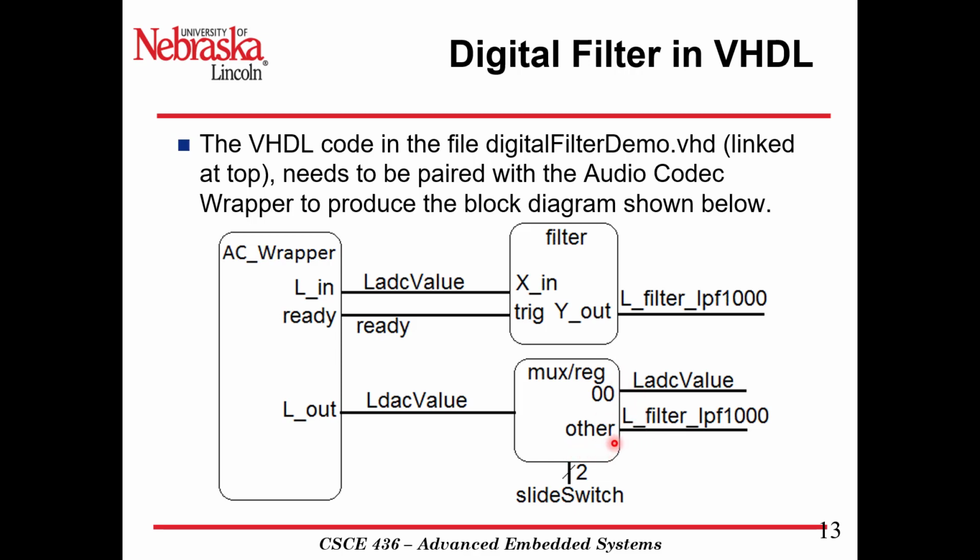For the homework, you're going to set up one filter, but you can actually set it up to output different filter responses on the left and the right channel based on those slider switches. So I set it up for you to put in those different conditions. Right now it's just a low pass filter with a cutoff frequency of 1 kilohertz.